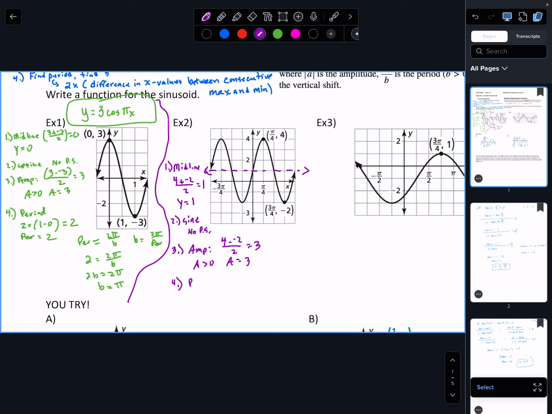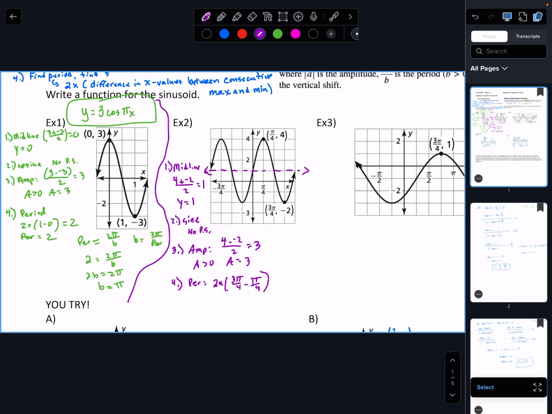And then we're going to get the period. Take consecutive max and min. Find the horizontal distance between them. And that's the distance for half the period. You have to double it. So you're going to take 2 times 3 pi fourths minus pi fourths.